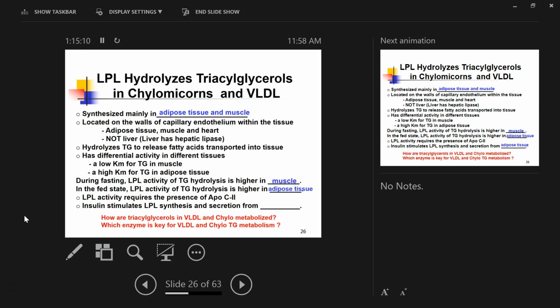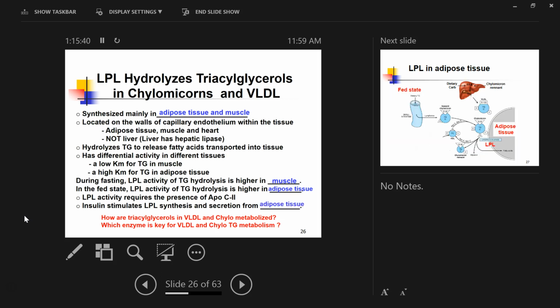Also remember that LPL activity requires the presence of ApoC2, right? And insulin stimulates LPL synthesis and secretion from which tissue? Which tissue's LPL is regulated by insulin? Muscle or adipose tissue? Adipose tissue, yes. You connect it with the fed condition, right? You always have high insulin, so insulin usually regulates the fat tissue.